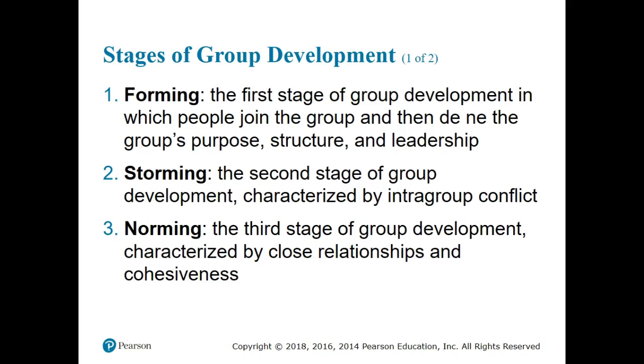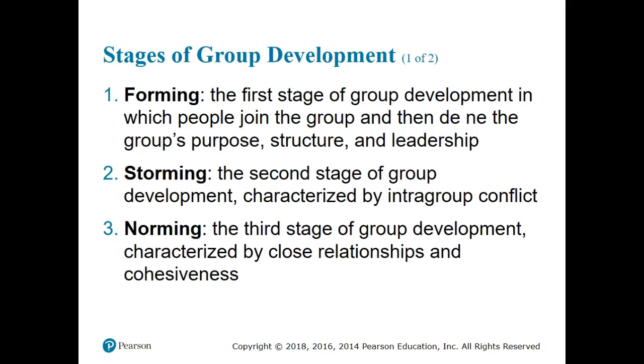So they kind of step back. But then when you have more than one controlling individual, they tend to jockey for position, and all that happens during this storming phase. And the norming is the third stage of group development, and that's characterized by close relationships and cohesiveness. So the group starts to form a little bit of cohesiveness here.